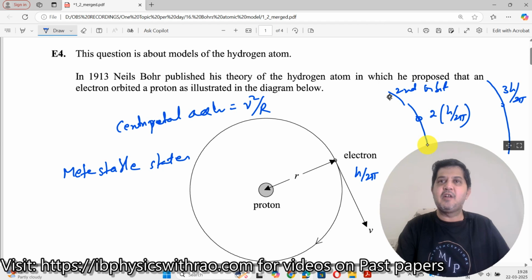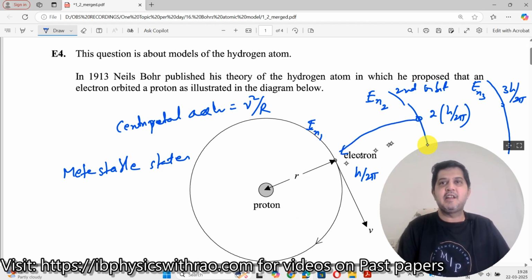Let me call this an energy state. The energy of the electron in this state is, let us say, En2, and this electron energy is En1. This one could be En3, and so on. So after some time, this will jump back here. It says, you cannot stay here, you better go down to your native house, or maybe your ground floor.